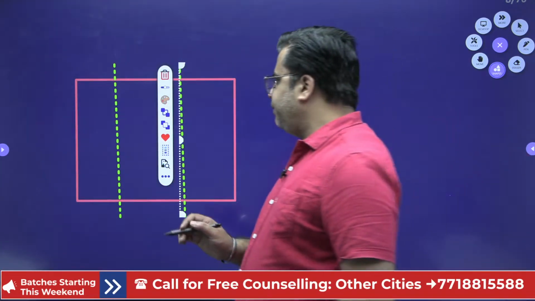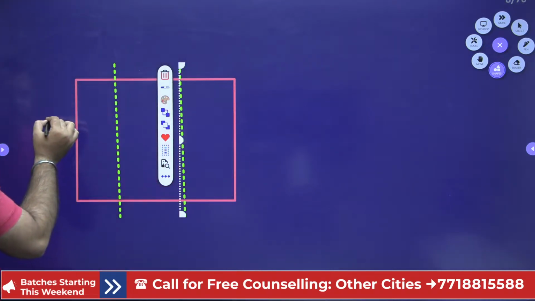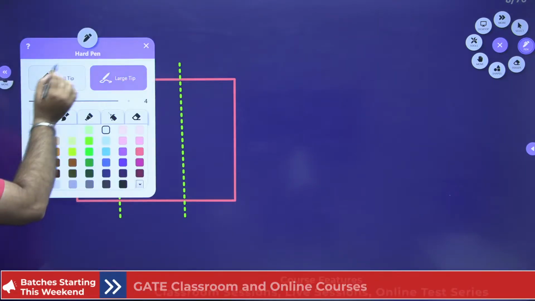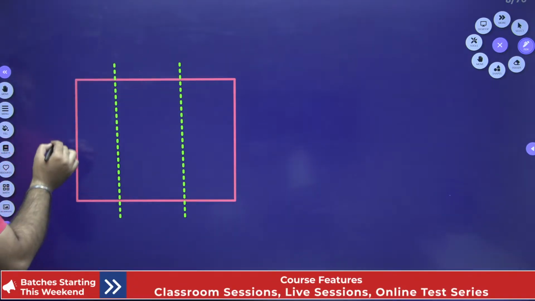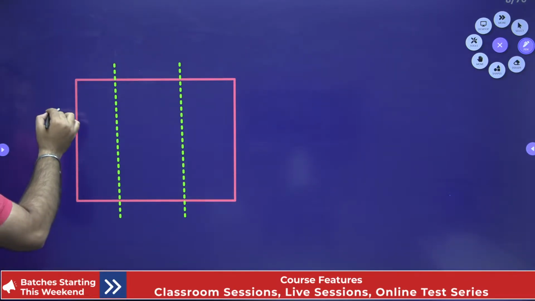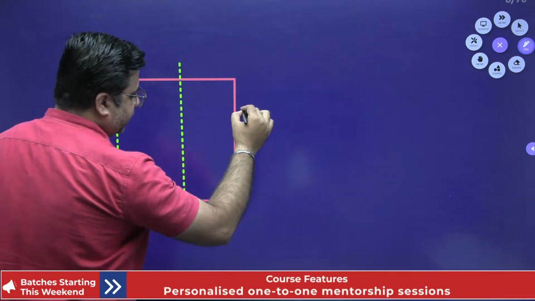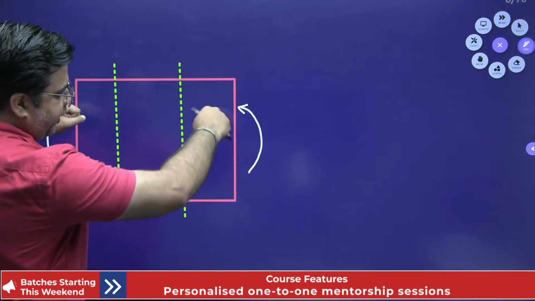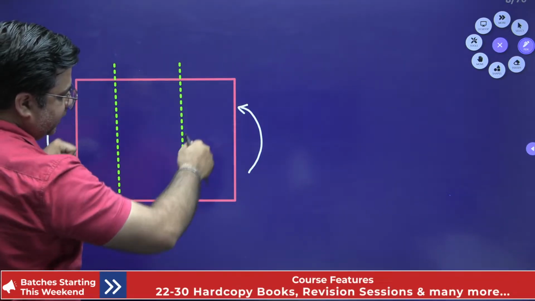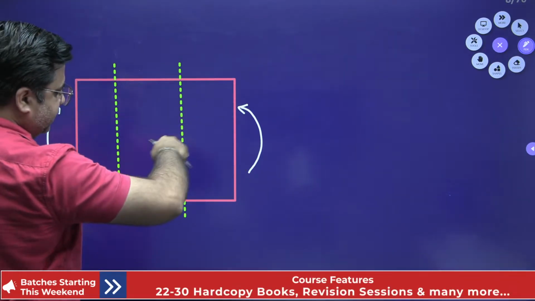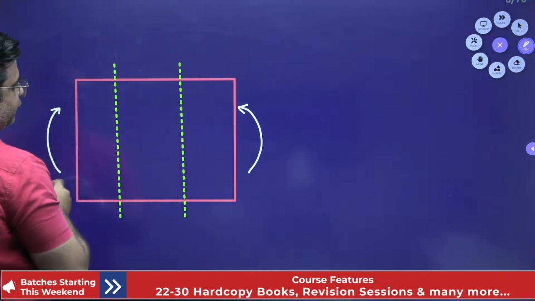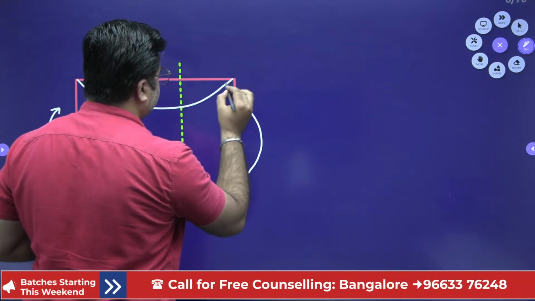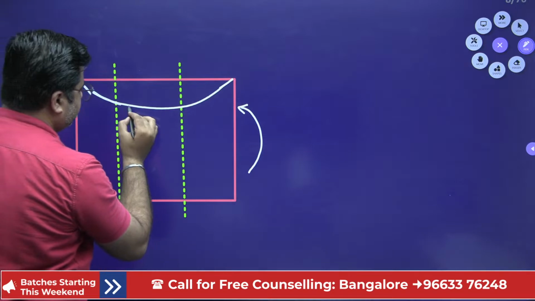When you apply the bending moment over this beam, for suppose this is the bending moment that you have applied like this, right? This bending moment will try to bend the beam like this, and you will have the sagging shape of the beam.